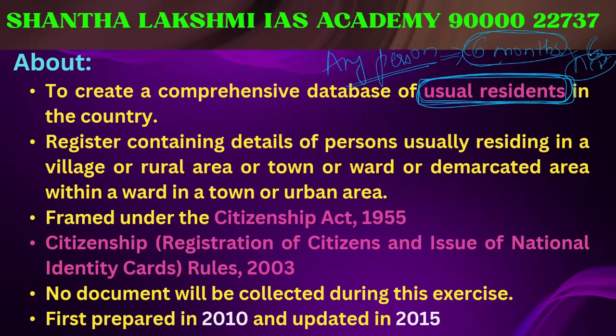And this NPR is a register containing details of persons usually residing in a village, rural area, town, or ward, or the demarcated area within a ward in a town or urban area. It was framed under the Citizenship Act 1955, and also the Citizenship (Registration of Citizens and Issue of National Identity Cards) Rules 2003.